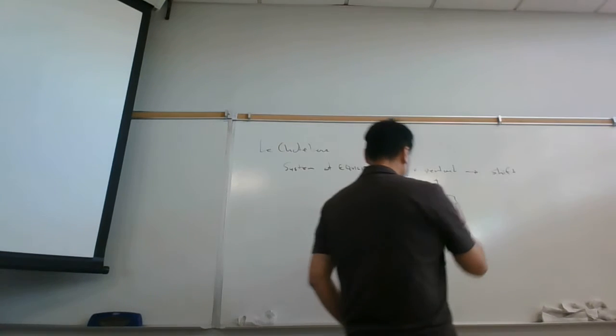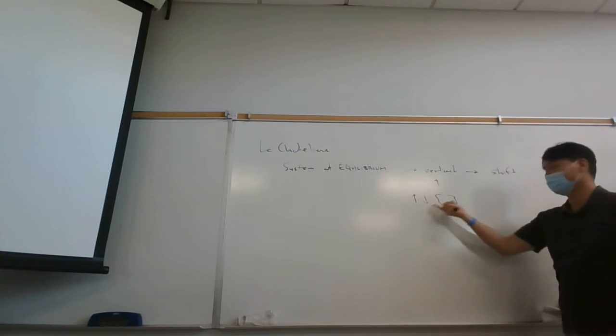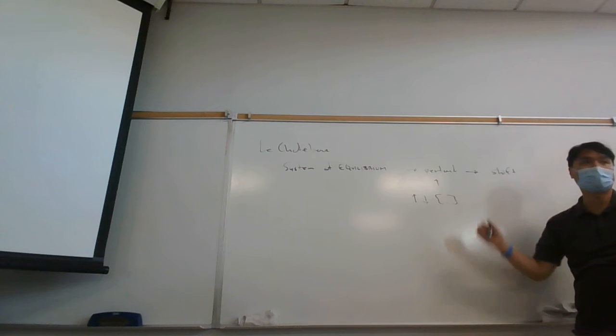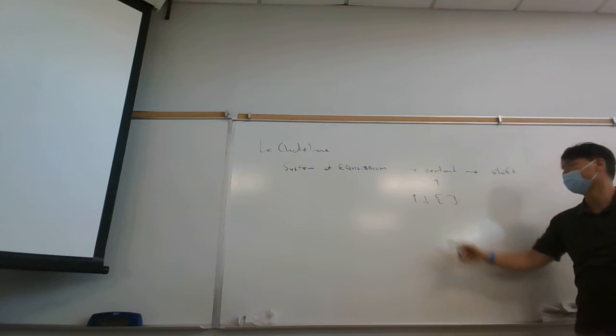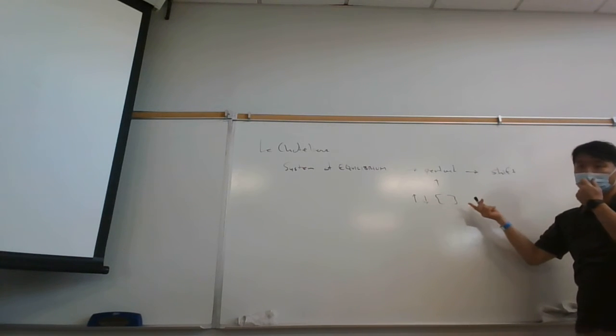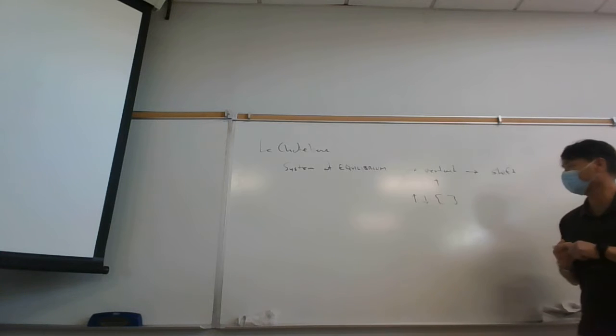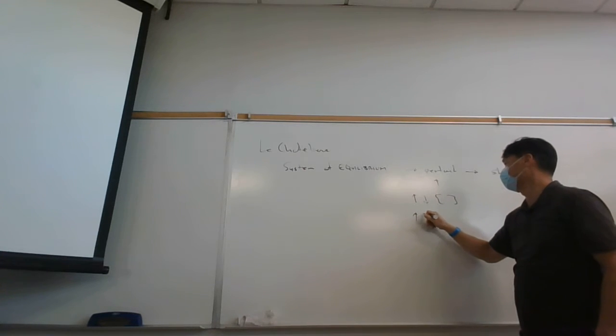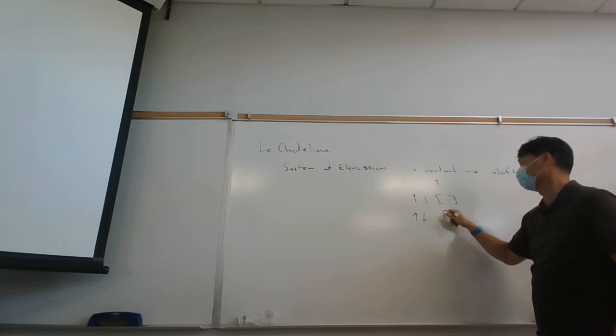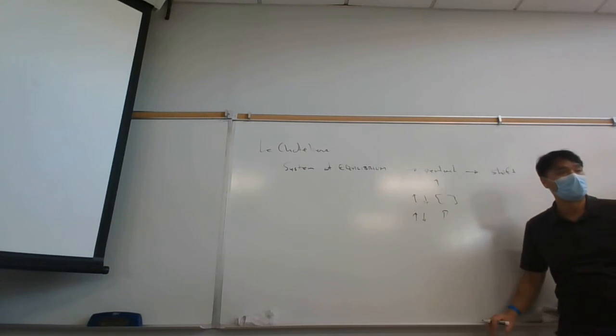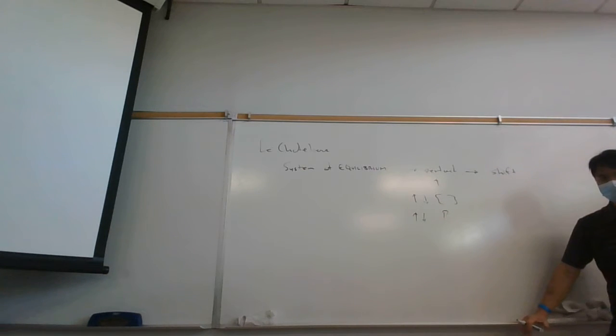And so how do we upset the balance? Well, by changing the concentrations, that'll upset the balance. So increase and decrease the concentration of the products or the reactants. You can increase or decrease the pressures of the reactants.